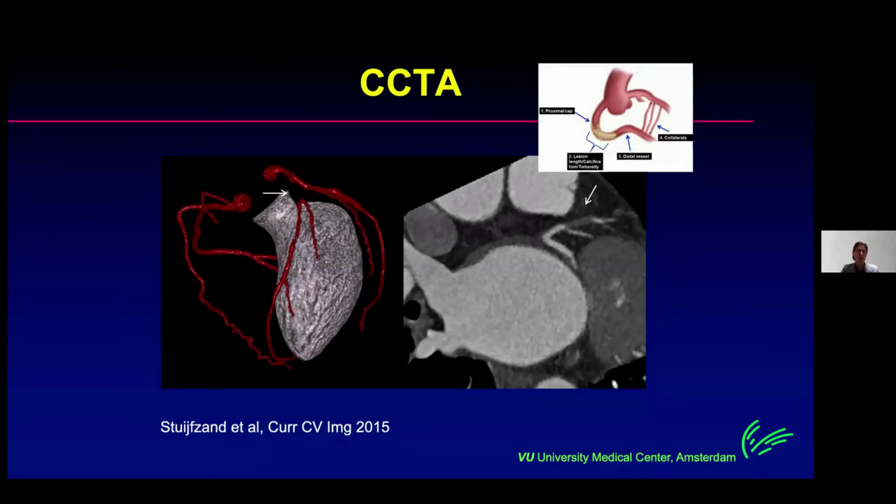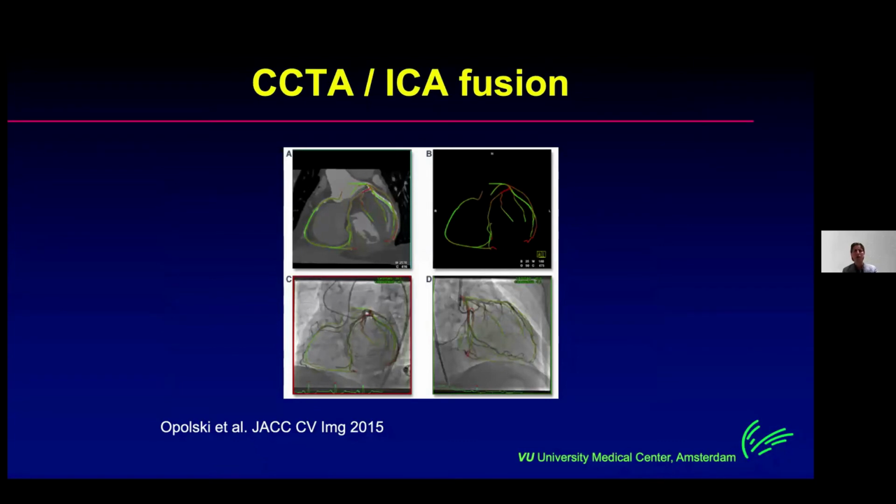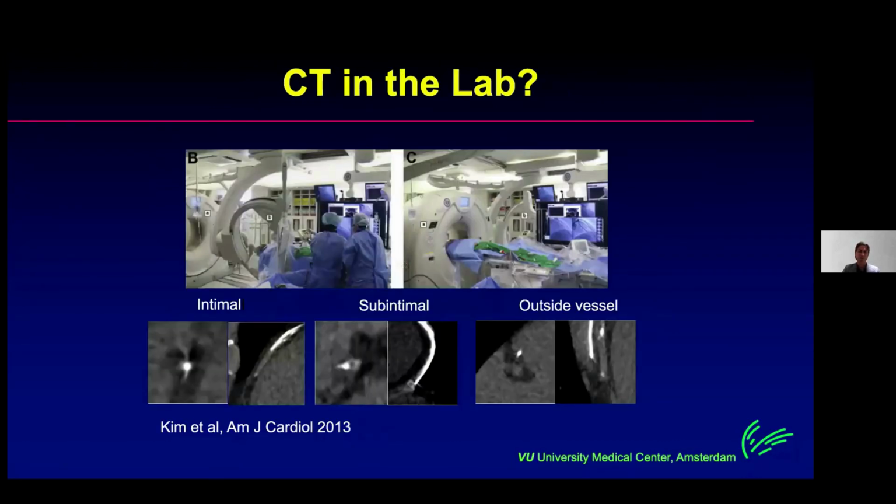Some things you cannot see by invasive coronary angiography, which you can see with CT-based angiography, like proximal cap, lesion length, distal target, etc. Also, nowadays we have the fusion imaging of the cath lab of CT-based coronary angiography, which we now fuse in the cath lab, which allows you to navigate your wire through the lesions, whether they be obstructive or non-obstructive.